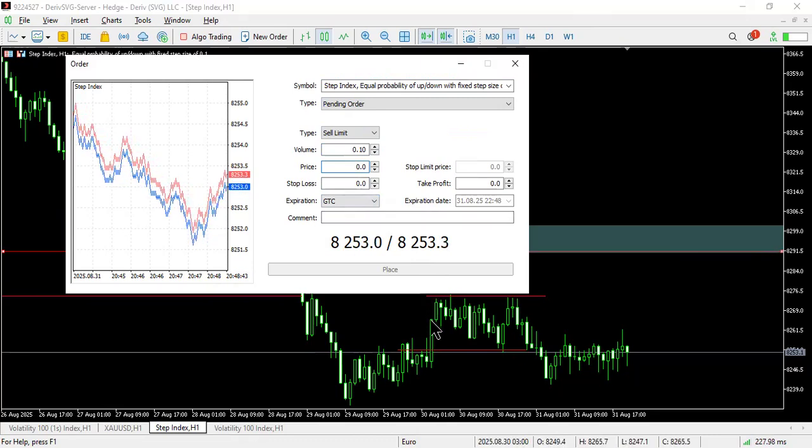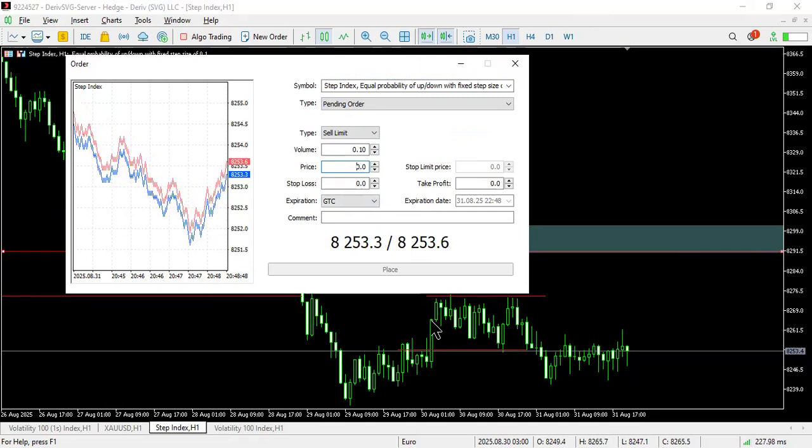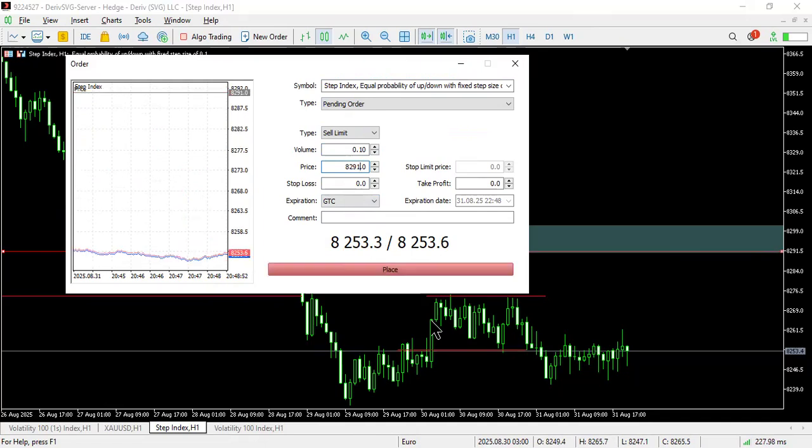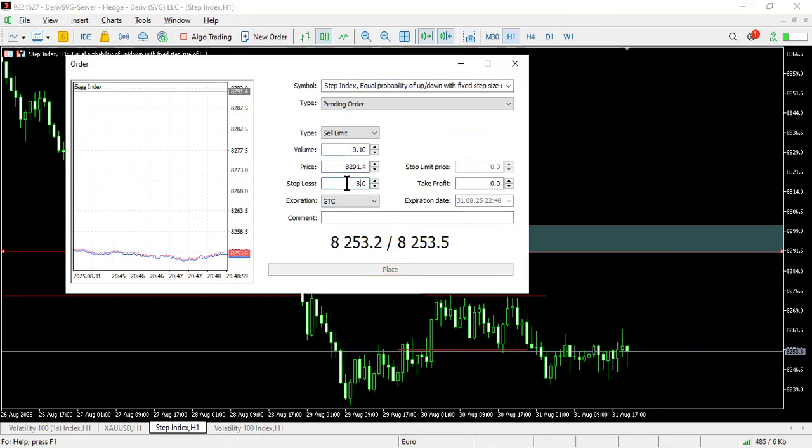The entry price is 8291.4, and then our stop loss is at 8314.8, and then our take profit 8235.2.